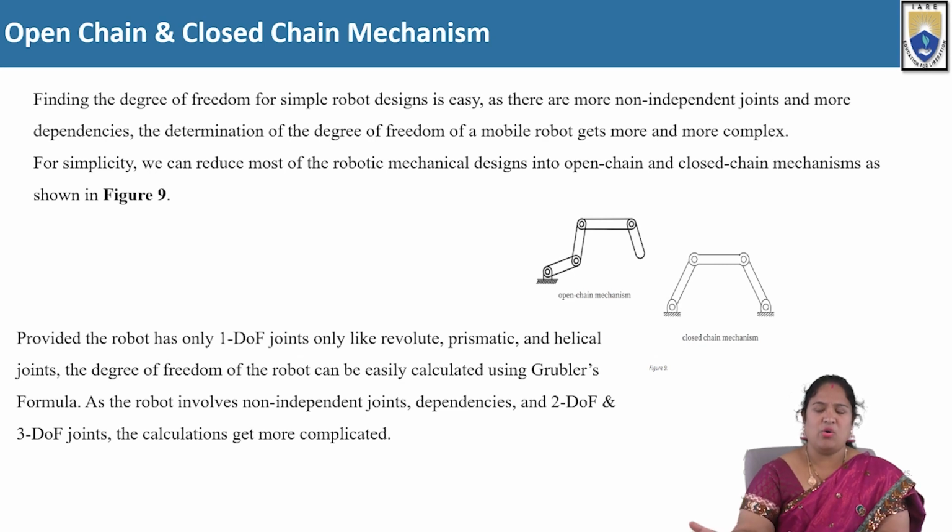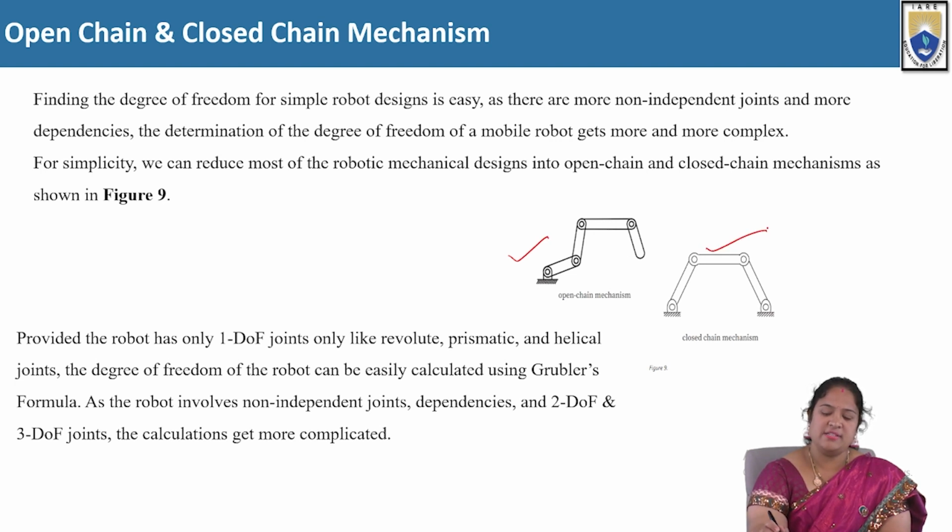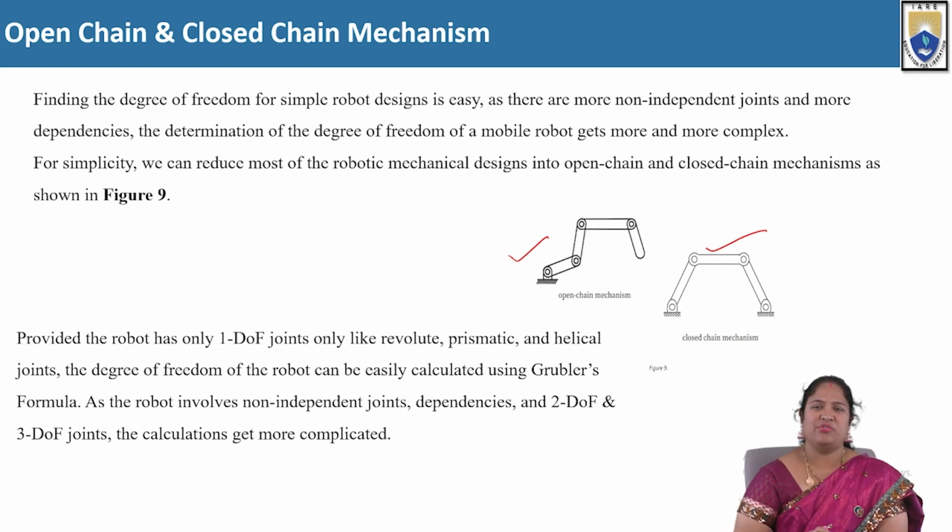Next, coming to the open chain and closed chain mechanism. This is a diagram, a figure for an open chain, and this is the figure for a closed chain mechanism. Now, how do we find out the degrees of freedom for these open and closed chain mechanisms?